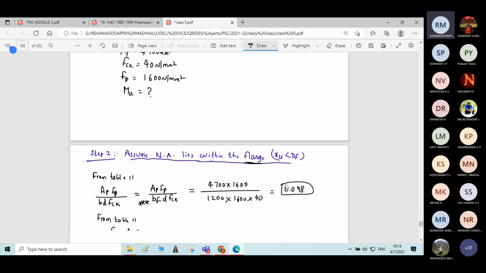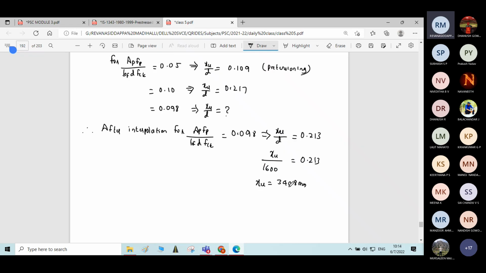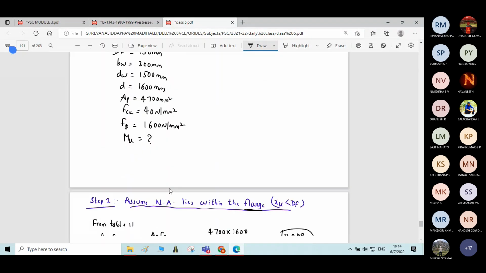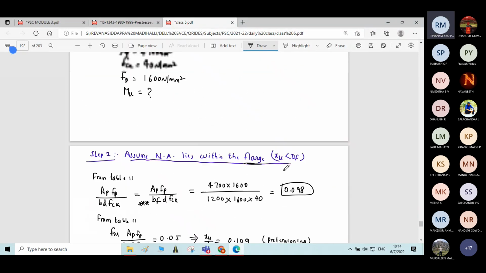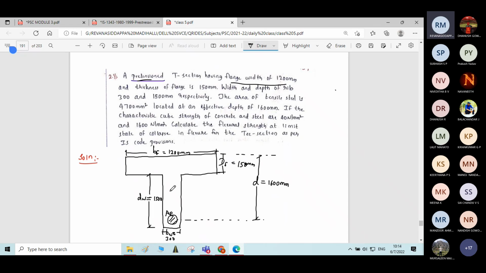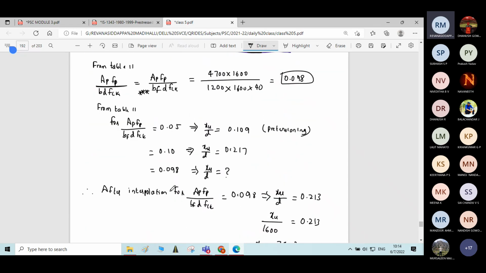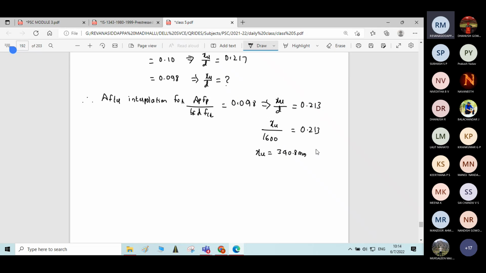Depth of neutral axis is 340.8 mm, which is going beyond the flange. Depth of flange is only 150 mm, but the depth of neutral axis we got is 340.8 mm, which means that our assumption is wrong. Depth of neutral axis lies within the web, not in the flange. So this value is greater than depth of flange. Therefore, our assumption is wrong.